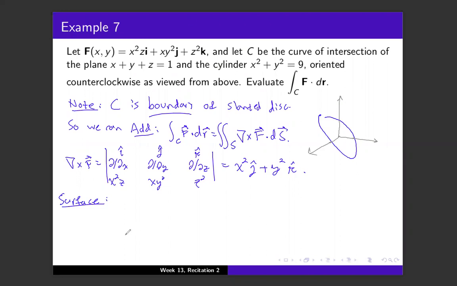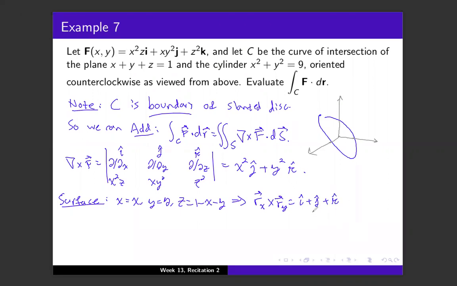The surface in question, we can think about this as x equals x, y equals y, and z equals 1 minus x minus y, because it's a graph of something. In this case, our standard formula for this cross product is going to come out to i plus j plus k.